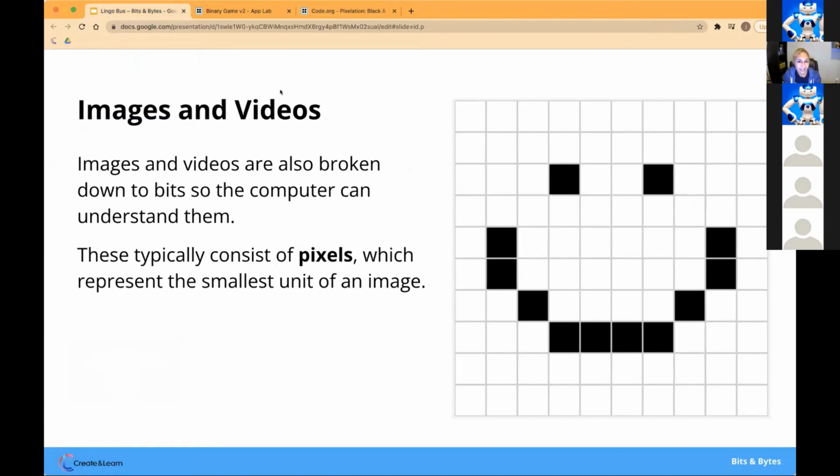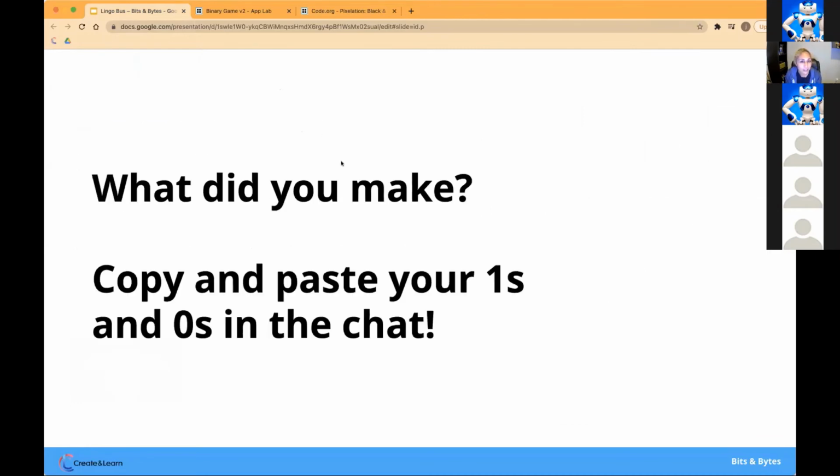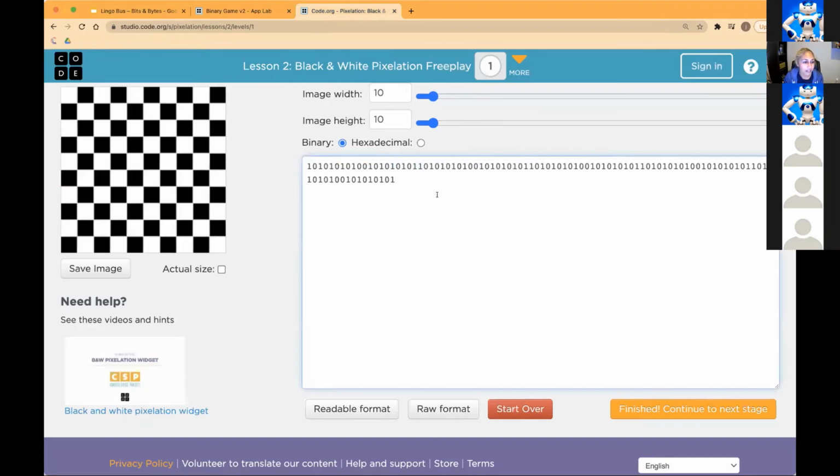All right. So if you're playing around with that, does anybody else want to share their ones and zeros? Gavin shared some. Let's see what Gavin made. Oh, checkerboard, very nice.